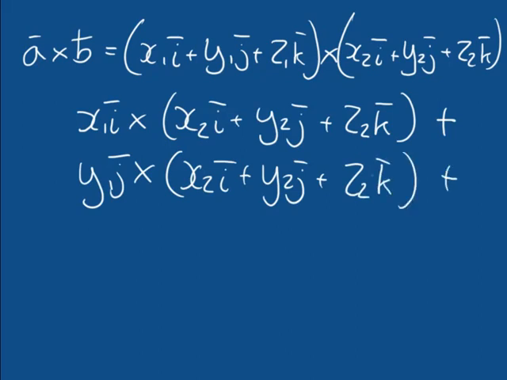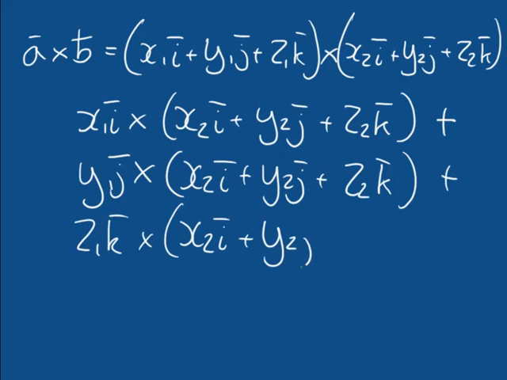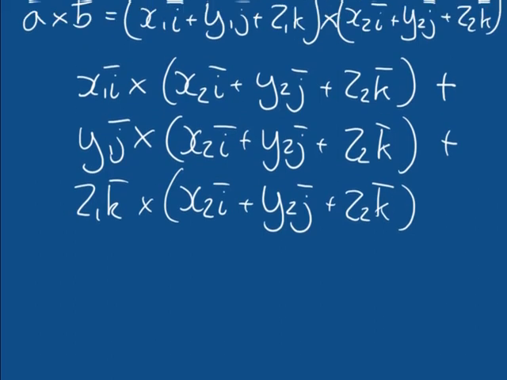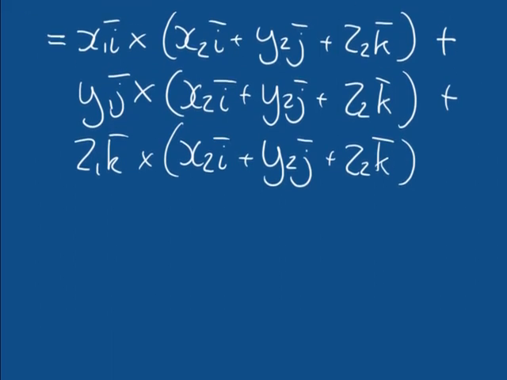And we're going to add to that z1k crossed with x2i plus y2j plus z2k. We can then continue, so this is equal to this, and we can then expand this further.